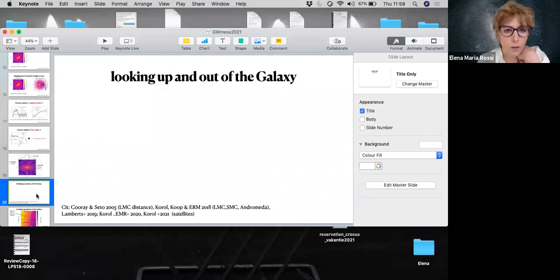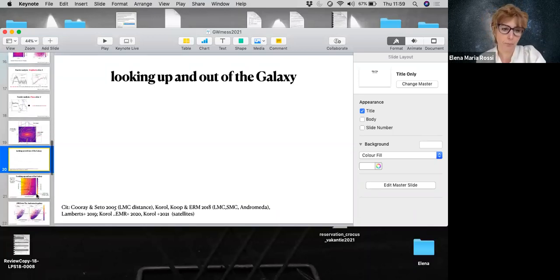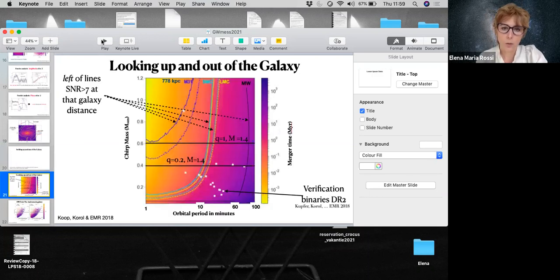But now we look out of the galaxy, at the neighboring galaxies of the Milky Way. Okay, so here what I'm showing is a plot with chirp mass and orbital period, color-coded over merger time.